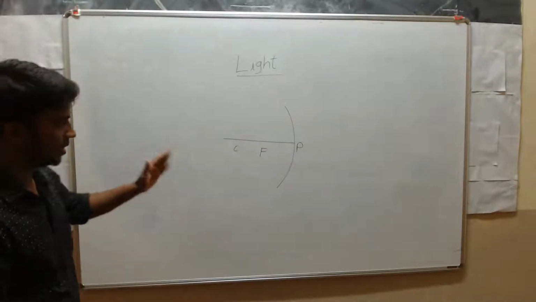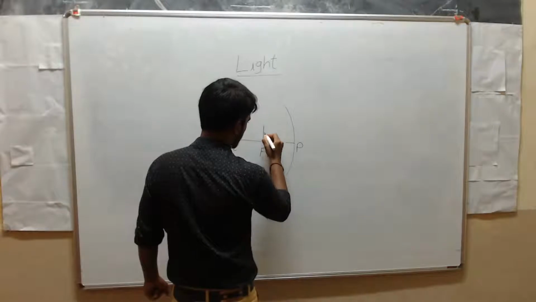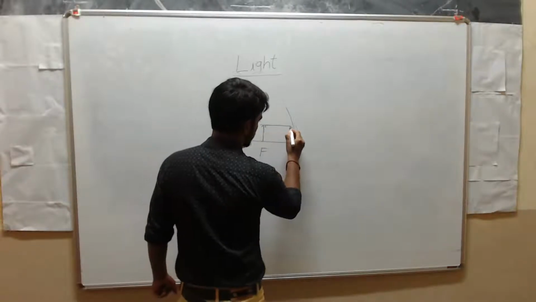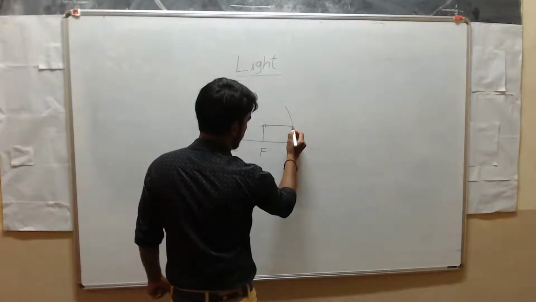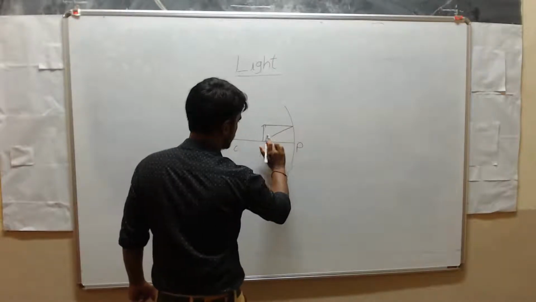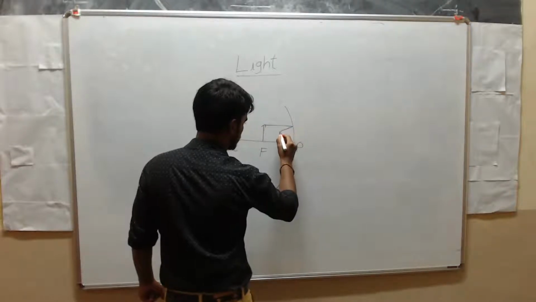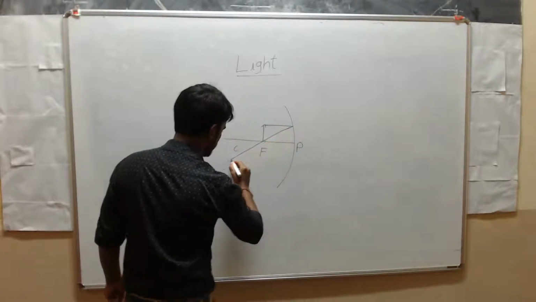Here in this case, consider one ray parallel to the principal axis. After reflection, it passes through the principal focus.